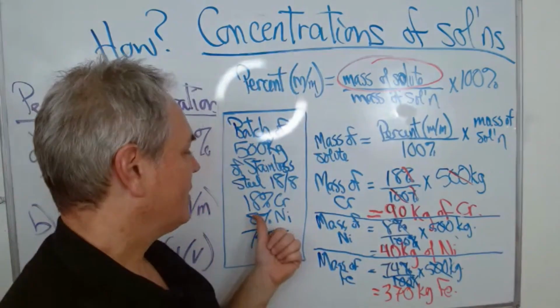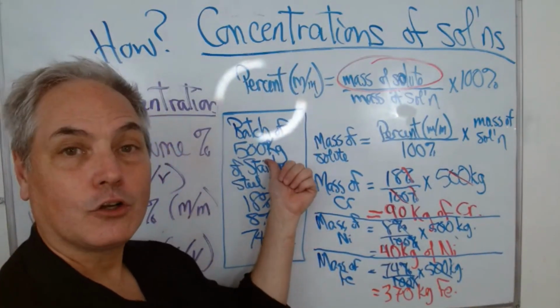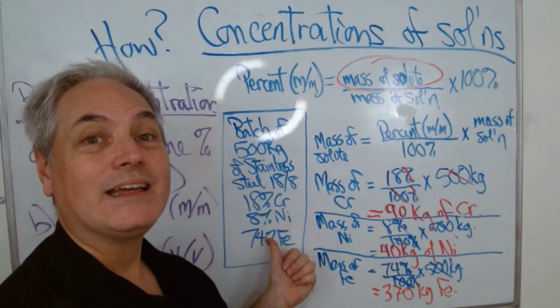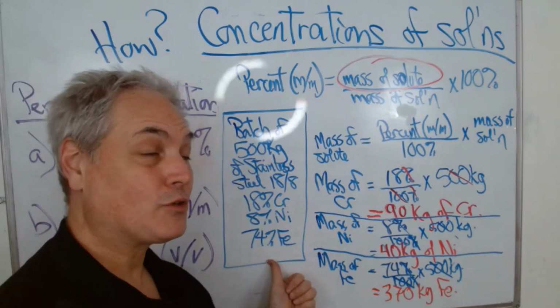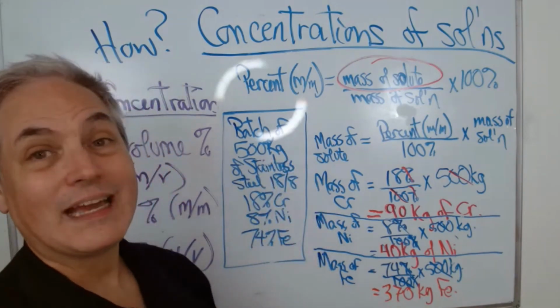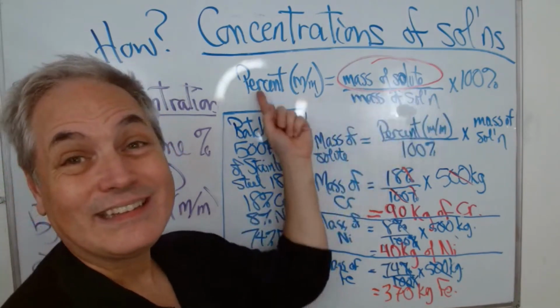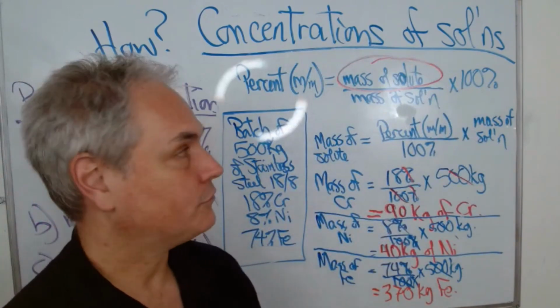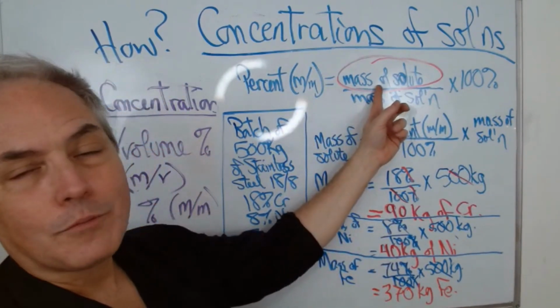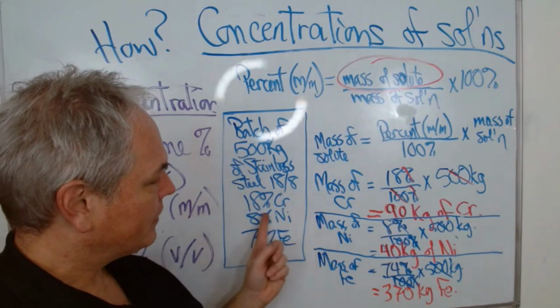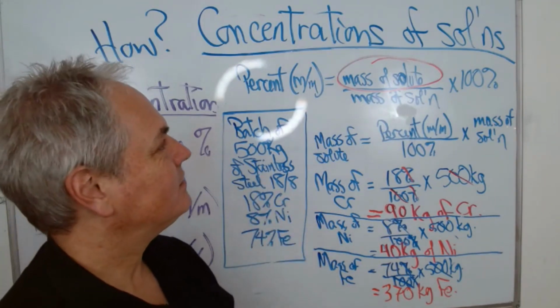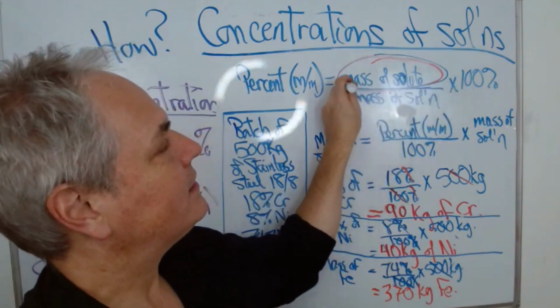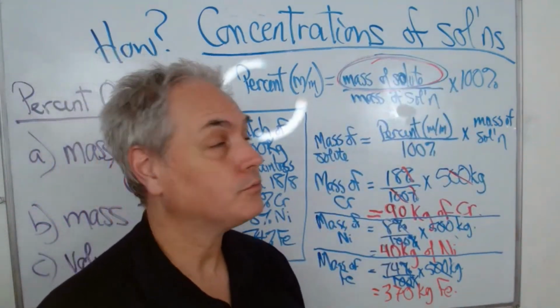And here, 18% of that 500 kilograms would be chromium, 8% of the 500 kilograms would be nickel, and 74% of the 500 kilograms would be iron. So here, this equation works wonderfully. If I'm looking for the mass of solute, let's say how much chromium is within this stainless steel, I need to isolate the mass of solute.